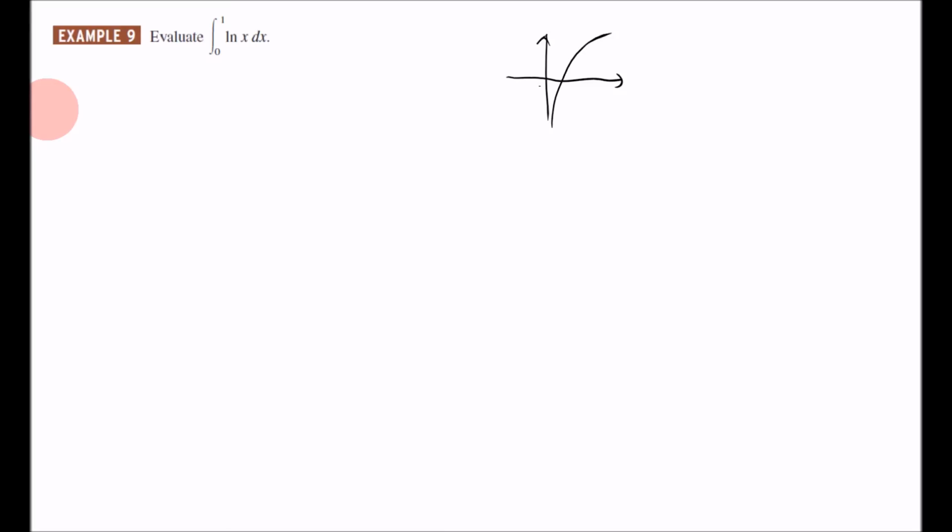This is 0, this is y equals ln x, and this is 1. So 0 to 1 means from here to here, right? Which means there's an infinite discontinuity at x equals 0. Okay, so we already found it. So this part will be the infinite discontinuity.